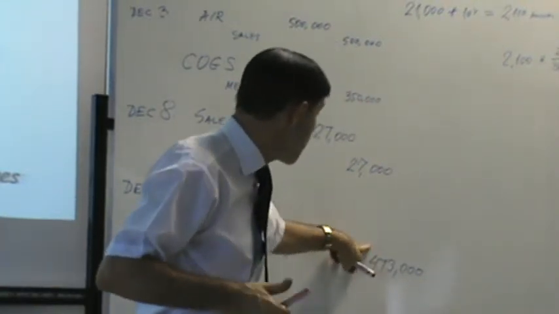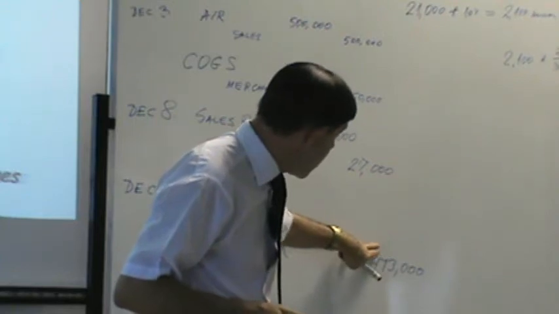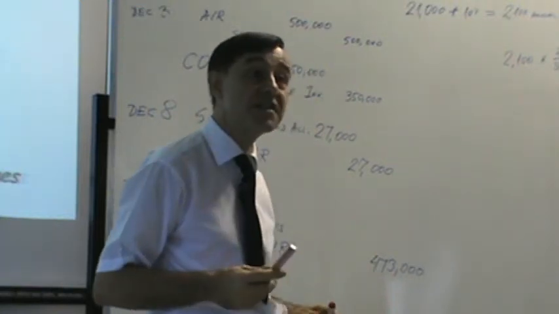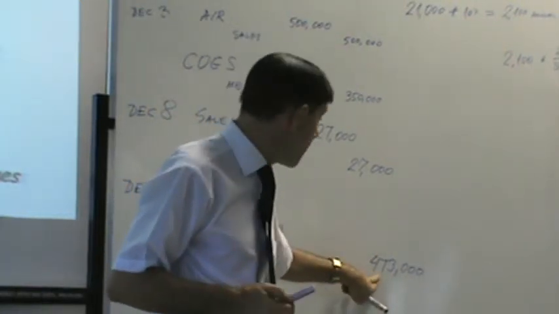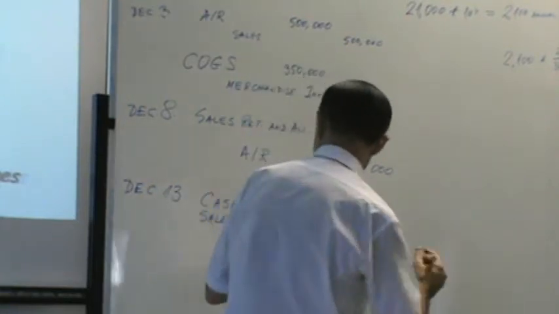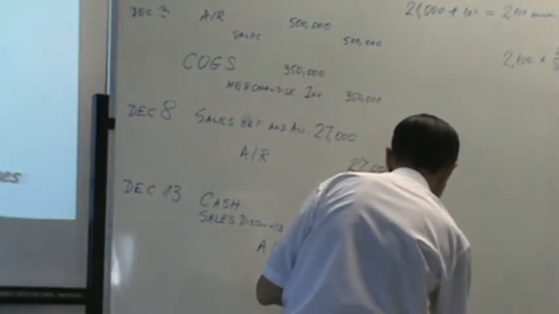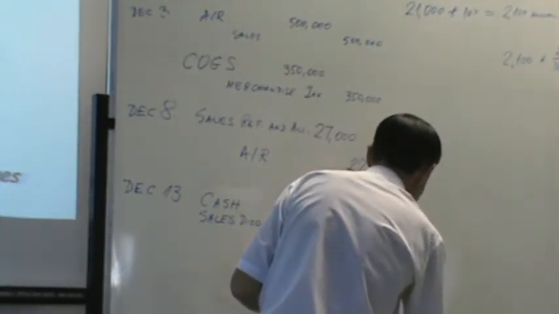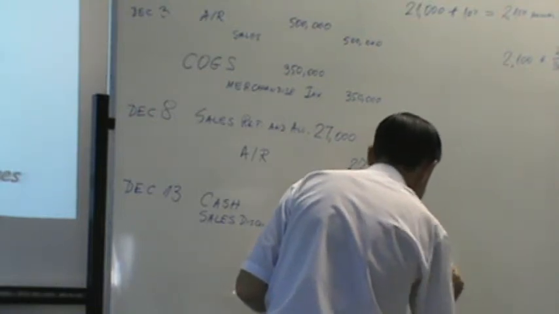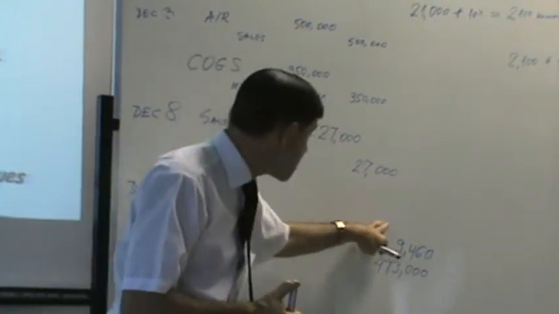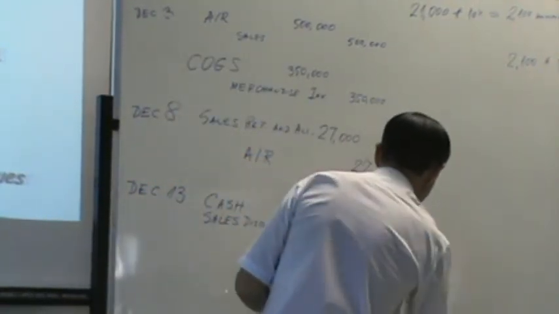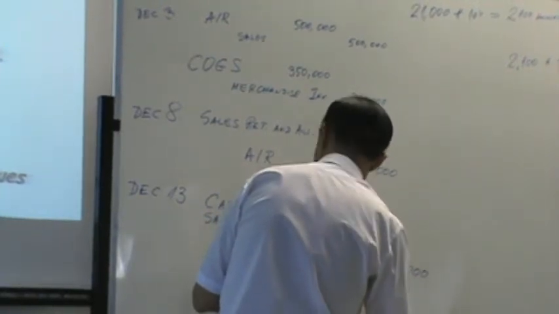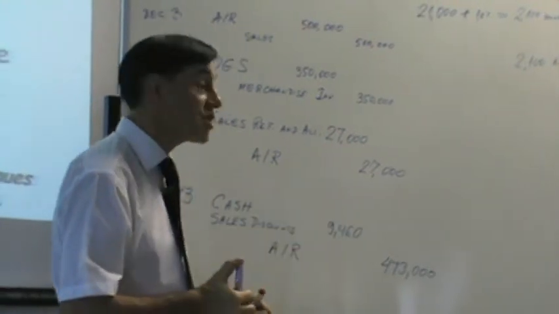For 2% it's going to be 9,460 is the discount. 2% times 473,000 gives 9,460. Sales discount 9,460 is a debit, and cash is how much?